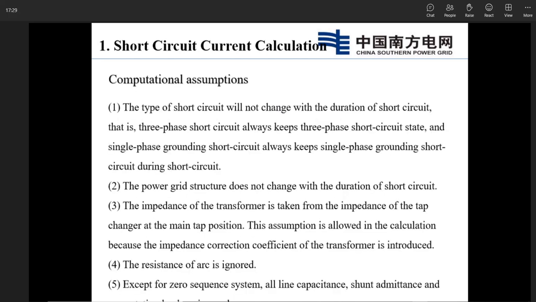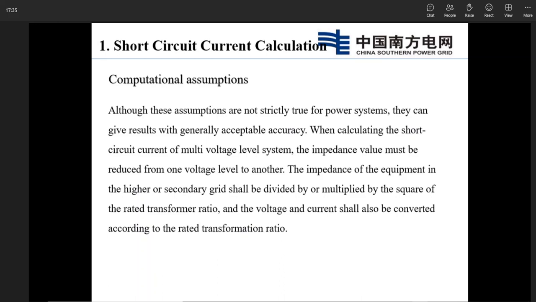In the calculation function, we have these assumptions. Although these assumptions are not strictly true for power systems, they can give results with generally acceptable accuracy. When calculating the short circuit current of a multi-voltage level system, the impedance value must be reduced from one voltage level to another.